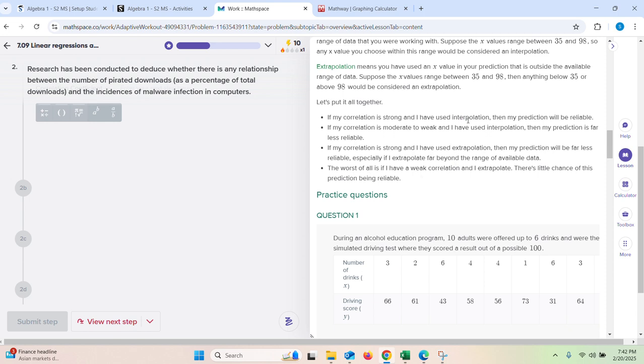Okay, interpolation is that you can basically use the graph and read off the graph or the equation for the regression line. So interpolation is using math. Extrapolation is basically guessing. Okay, and then the worst of all is you have a weak correlation, period, and I extrapolate.